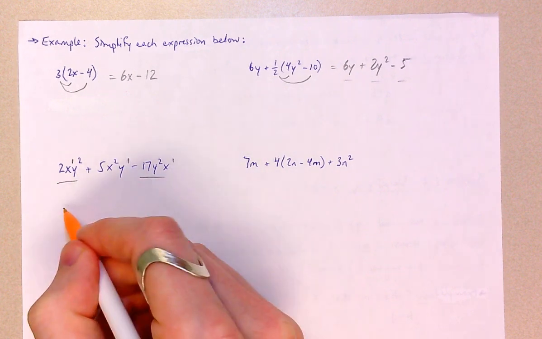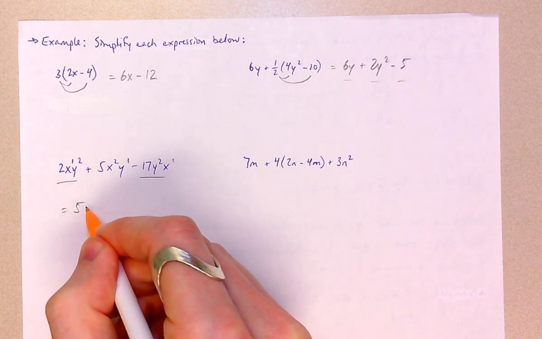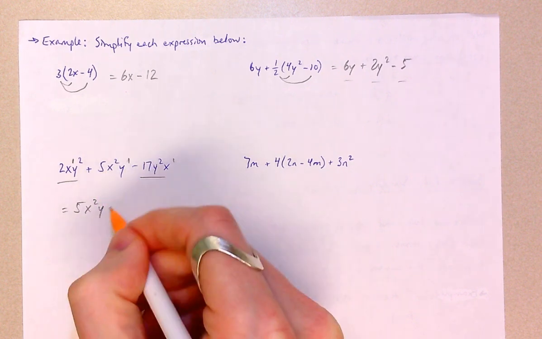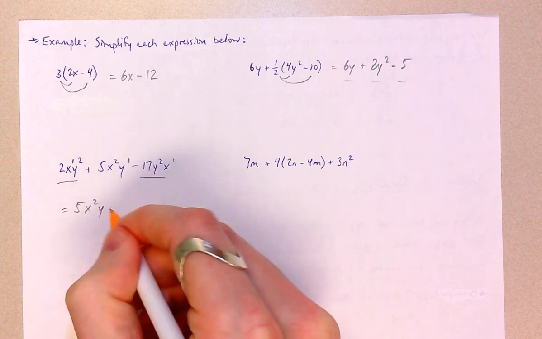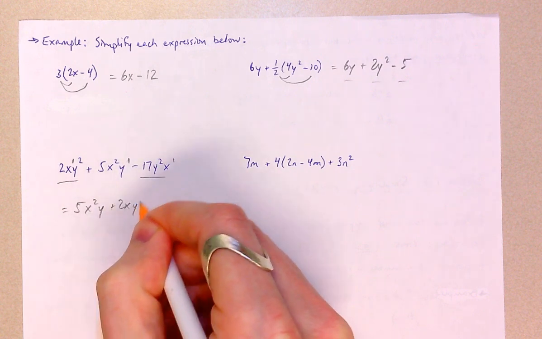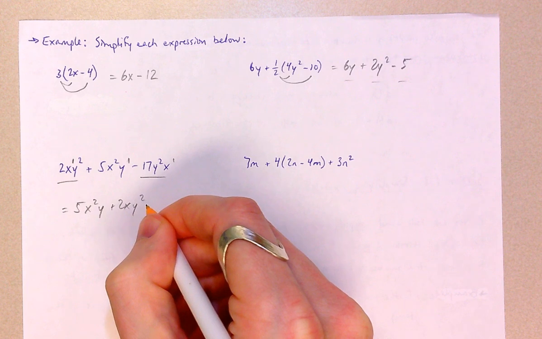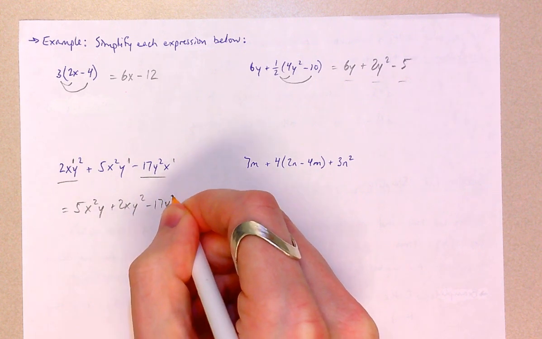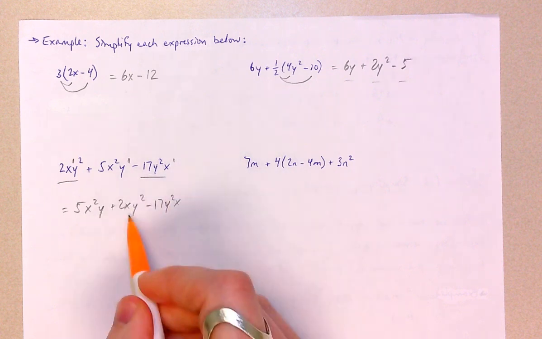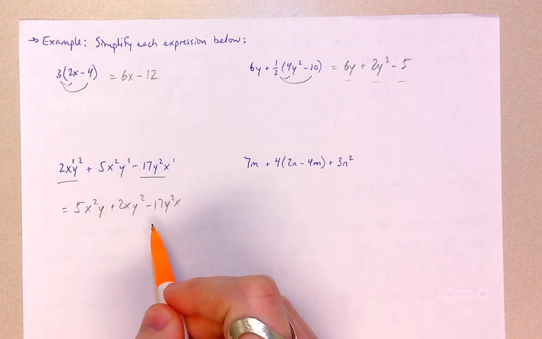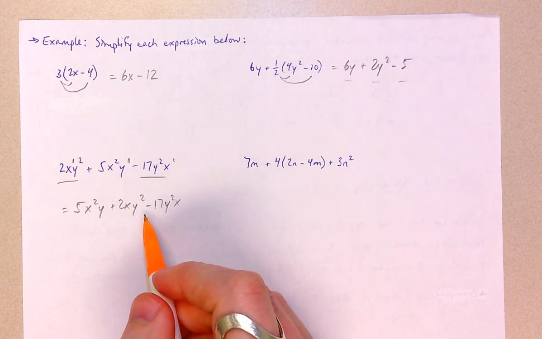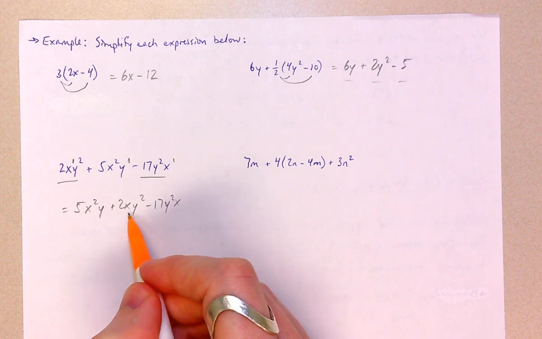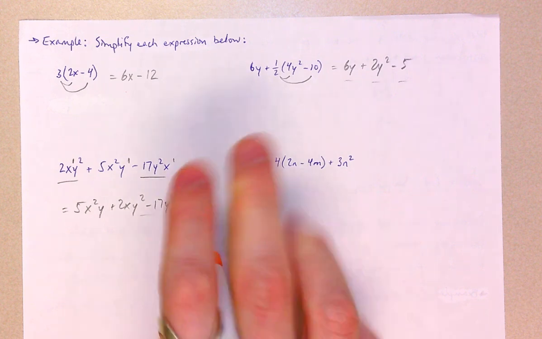So what I'm going to do here is I'm going to keep that 5 times x squared times y. And now I have the plus 2xy squared minus 17y squared x. We said that these two terms were like terms. So what you're going to do is you're going to perform the indicated operation on the coefficients of those terms.